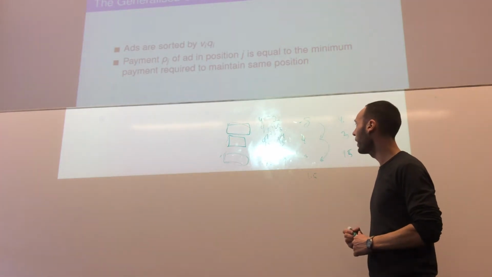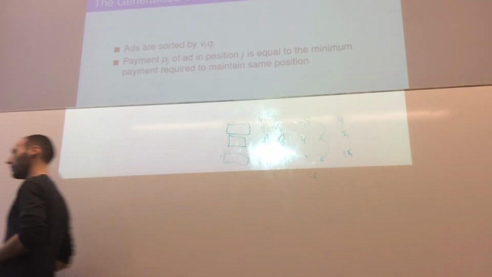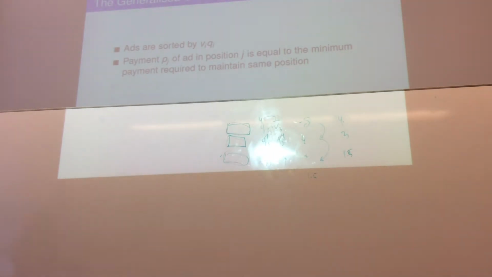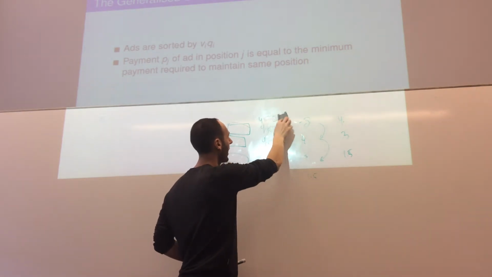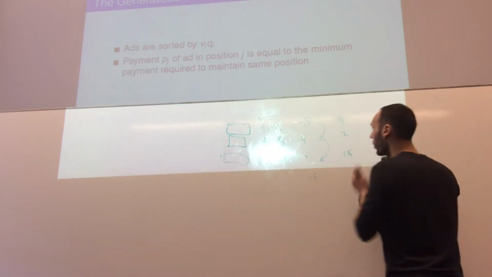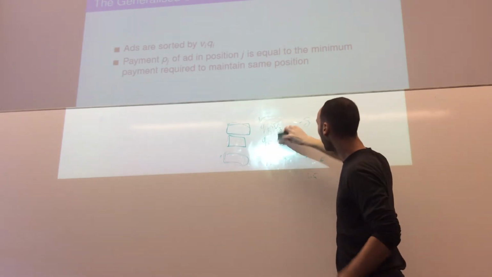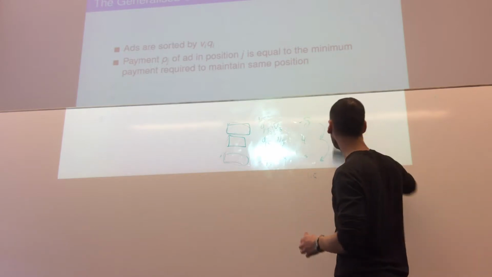Well, we have to somehow fix it with the qualities, right? We have to take the qualities into account and correct for them, essentially. So how do we get to the right payment then?